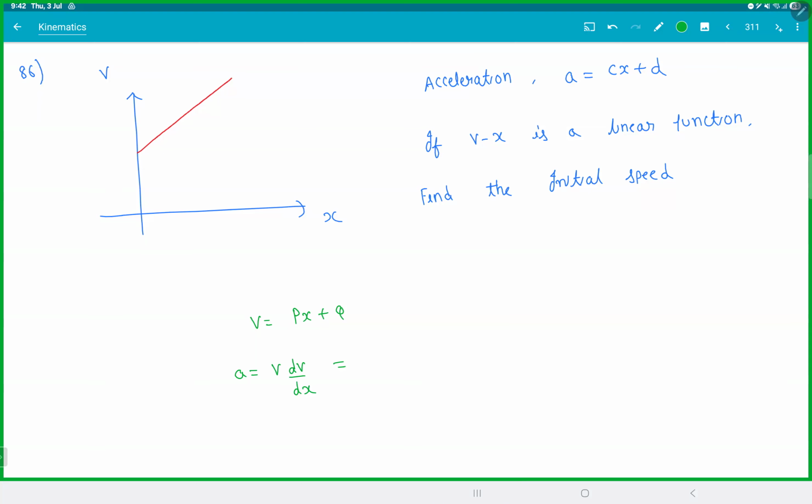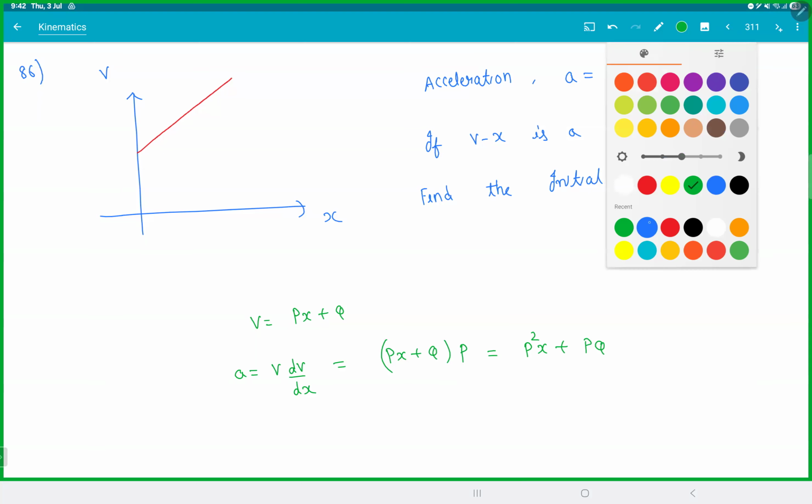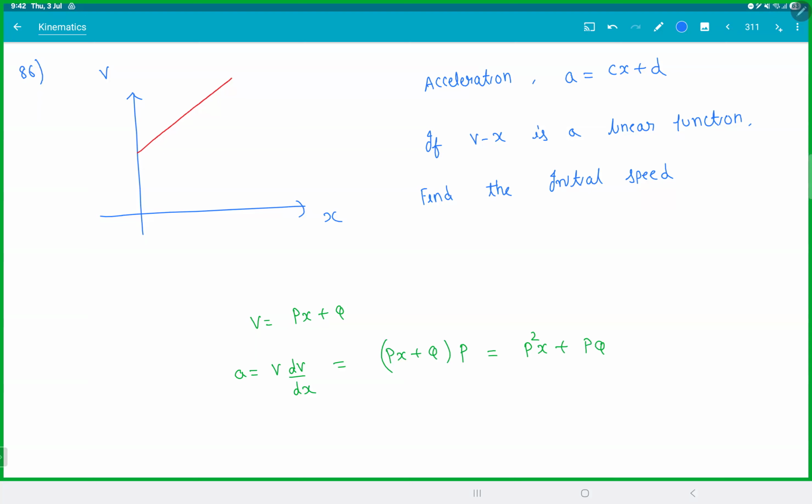So this is (px plus q) into dv by dx, which is p. So this is p square x plus pq. And it is already given in the question, a is nothing but cx plus d. So if you compare the terms, you will get p square is equal to c, and you will get pq is equal to d. So from there, I can find the value of q. So I got everything.